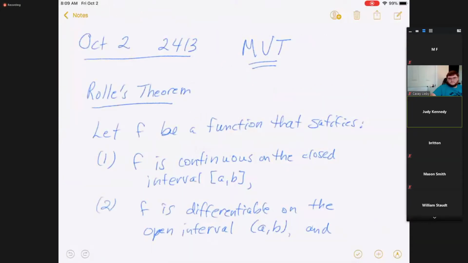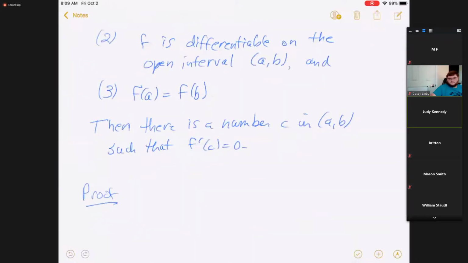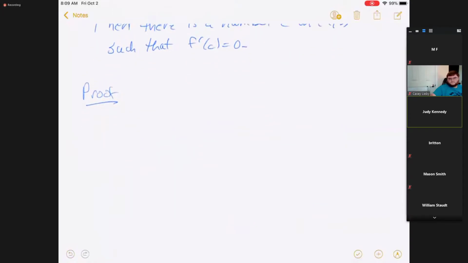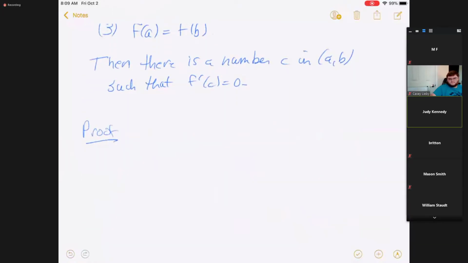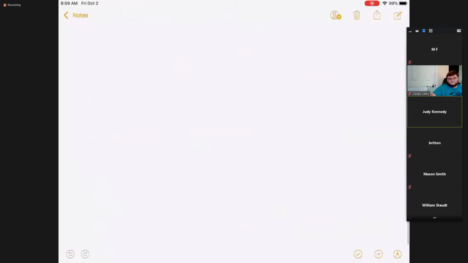So we talked about Rolle's theorem, which is a preliminary thing to the mean value theorem. Wait, what about questions 11 and 12?